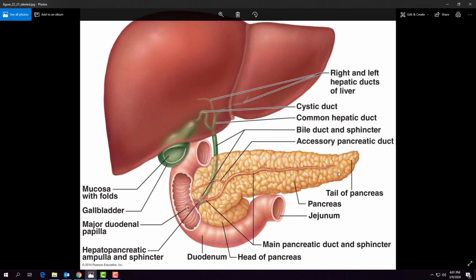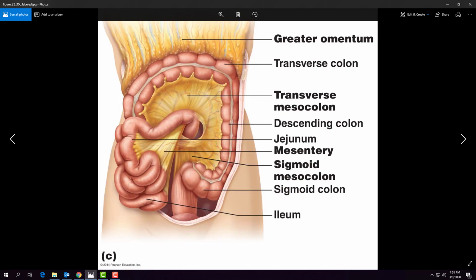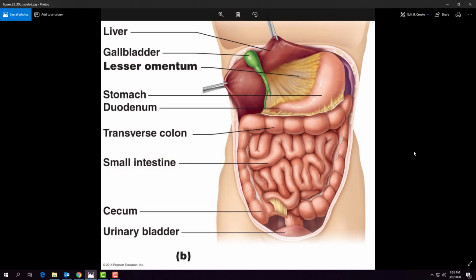Now, when we get down to the connection between the ileum and the large intestine, let's take a look at this picture right here. So here is where the ileum is hooking into the cecum, and there is the appendix off of there.